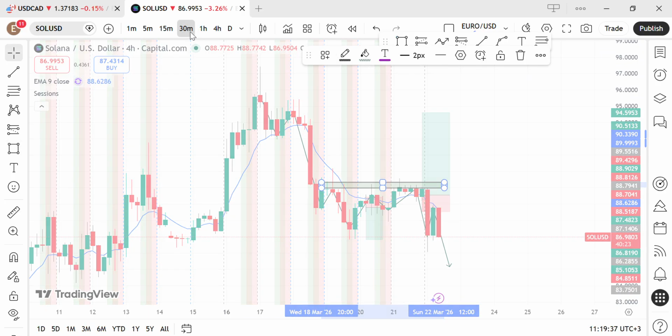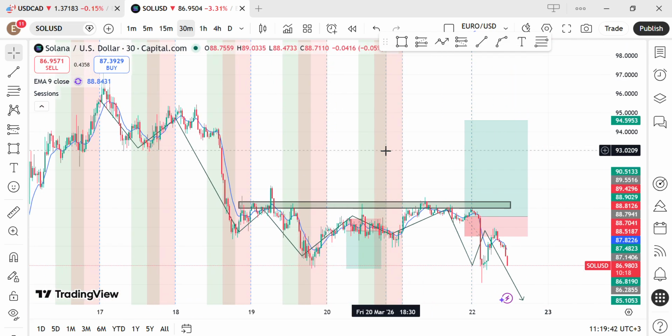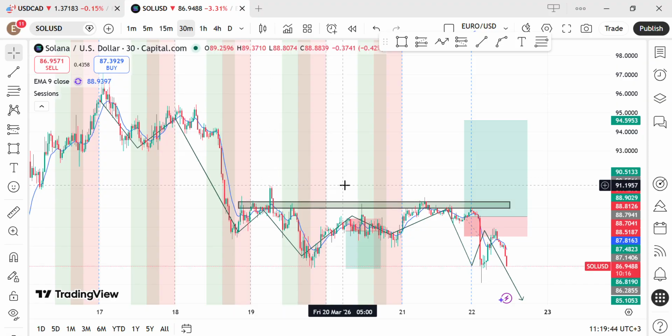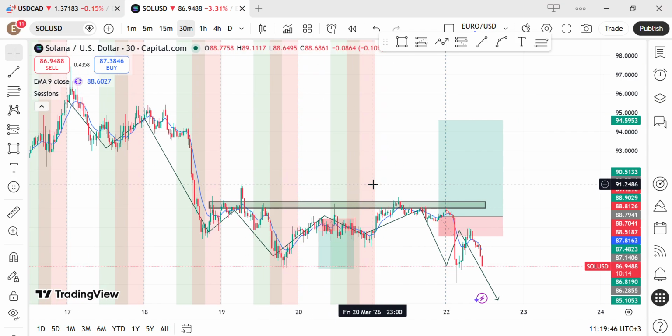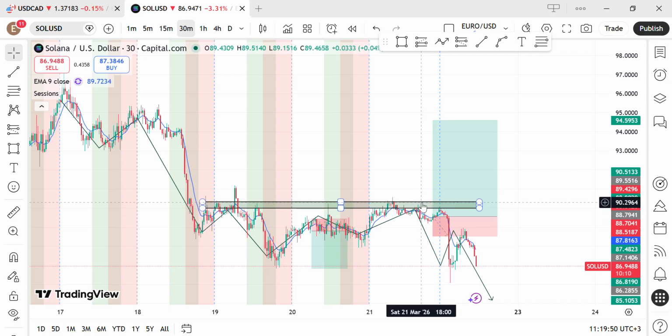Let me scale into the 30. As you can see, price only broke here once. So ideally, I wasn't supposed to take this here. I'm supposed to take this above 90.2964 for the buys. But price failed.